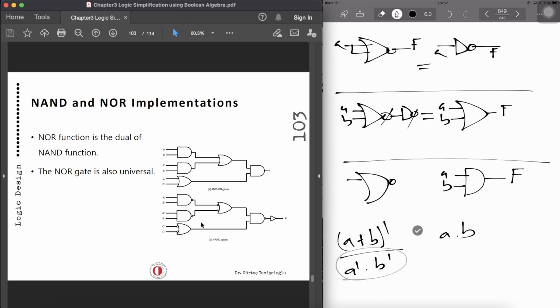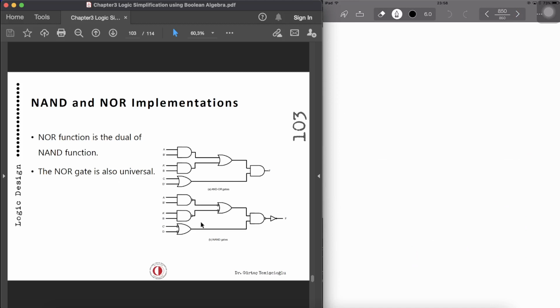So you're actually having an AND function over there. We just need to get rid of those primes. So that's why we add inverters again to the inputs, which is this is A and this is B, and that will be F. So that's also equivalent. Adding an inverter in front of it will give you the same approach.